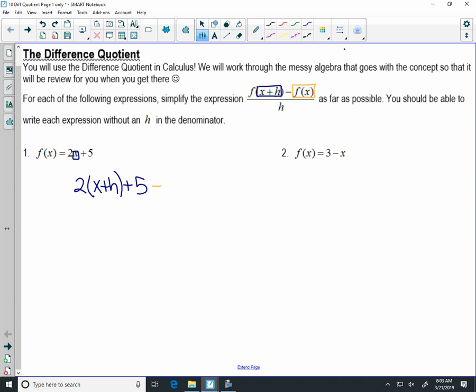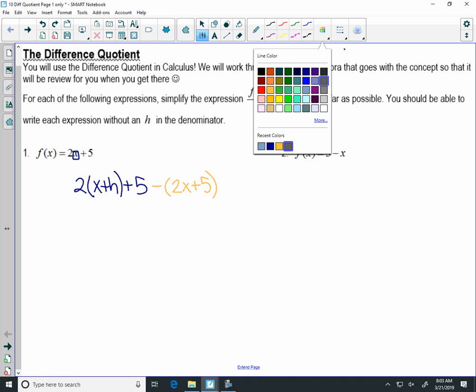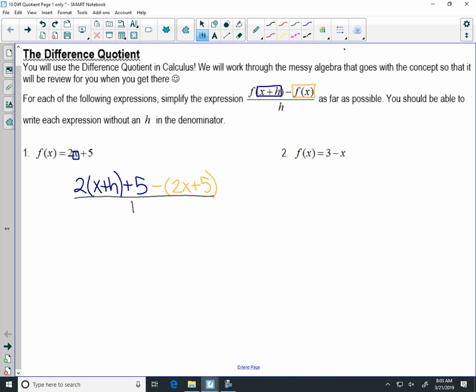And since that's usually going to be 2 or more terms, we're going to put that in parentheses. That's probably the most important part. And then we're all over h. So f of x plus h, we're just putting that x plus h in for x, minus f of x, minus the whole entire thing, all over h.